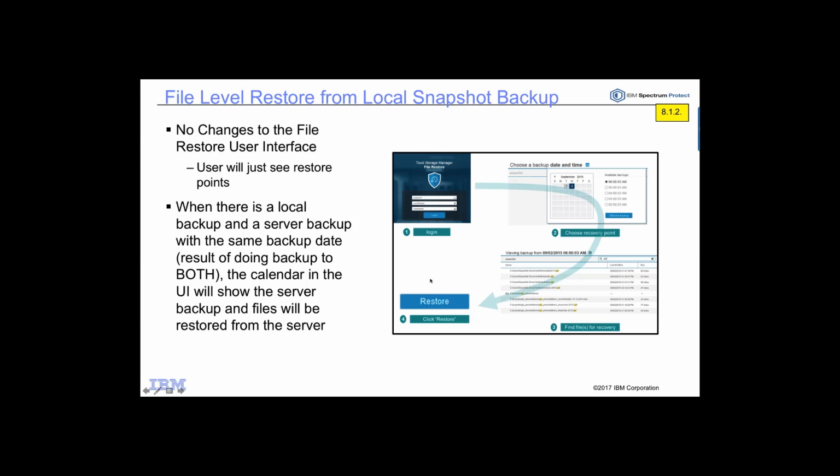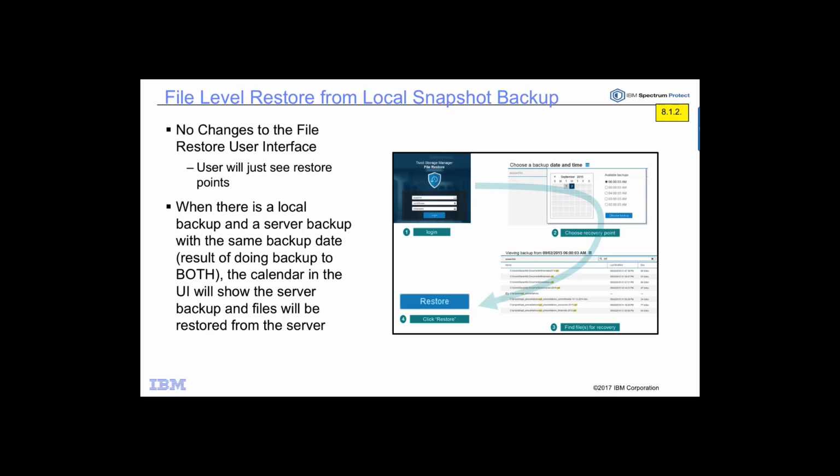So really there has been no change to this self-service interface for Data Protection for VMware. The users will just see what they always see, and basically they also only see restore points, so they do not see whether the file is located on the Spectrum Protect server or in a vVol based snapshot.